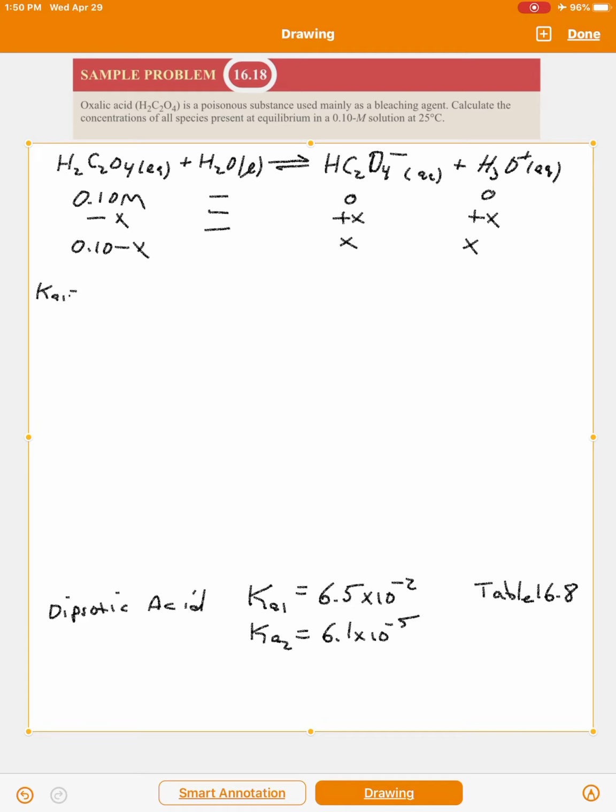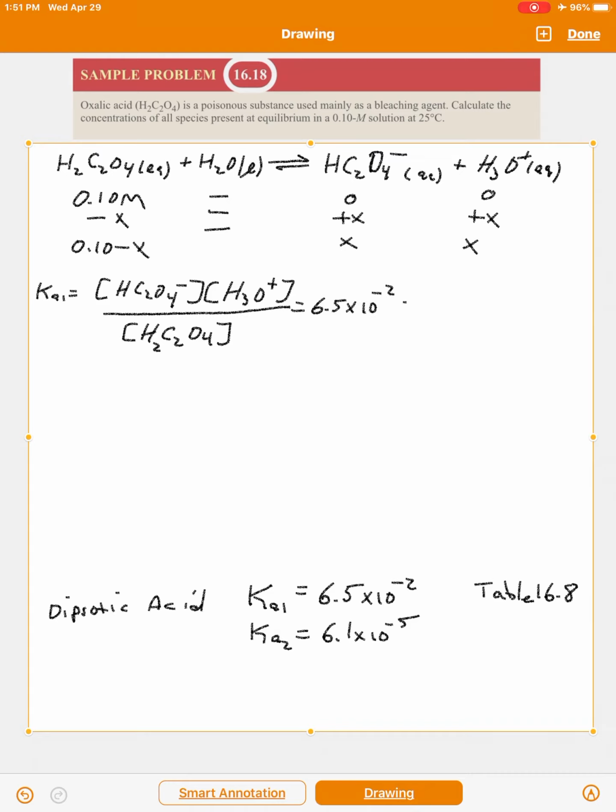Ka1 is equal to the concentration of HC2O4 minus times the concentration of H3O plus divided by the concentration of H2C2O4. And that is equal to 6.5 times 10 to the negative 2. And that would also be equal to x squared over 0.10 minus x.